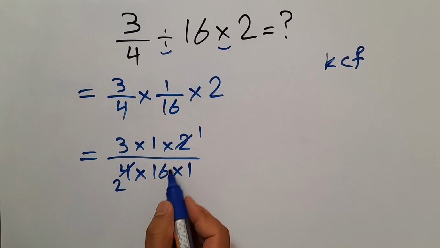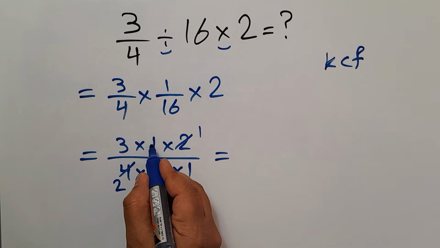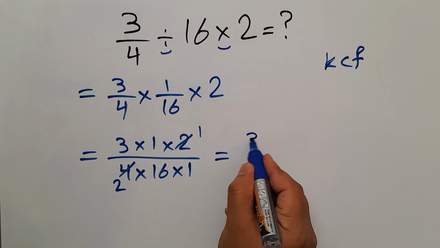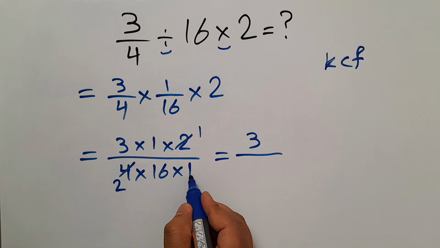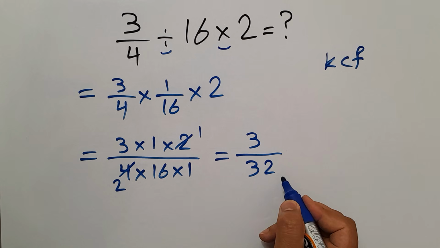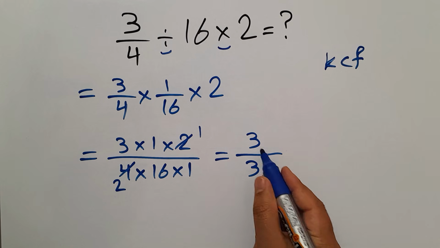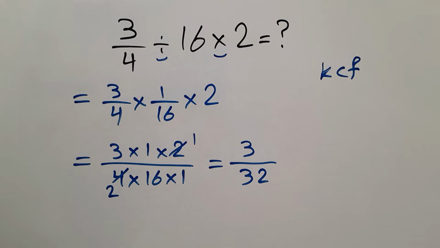Okay, and this fraction equals 3 times 1 equals 3, divided by 2 times 16 times 1 gives us 32. And this is our final answer to this problem, 3 divided by 32.